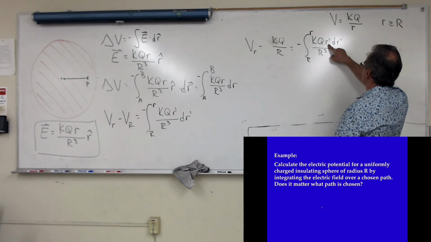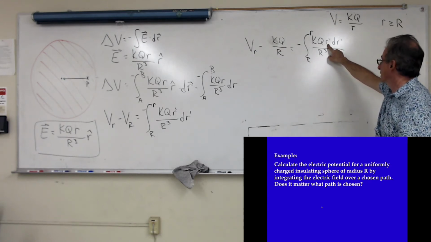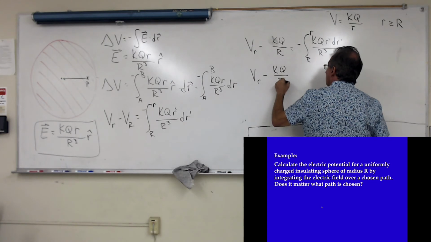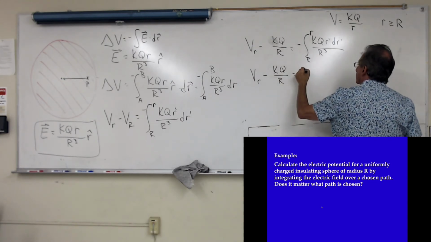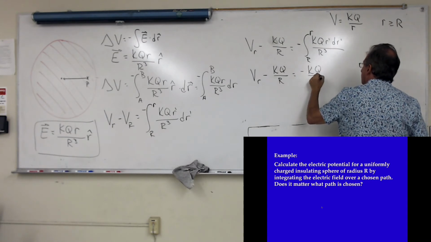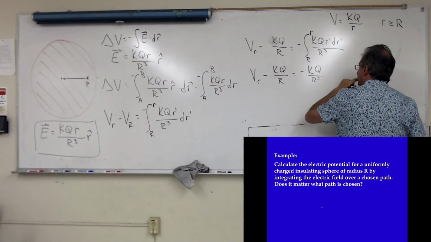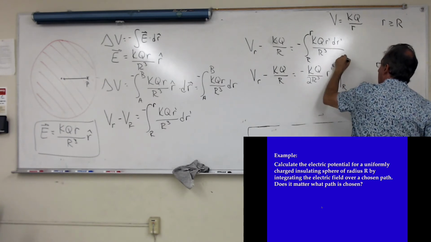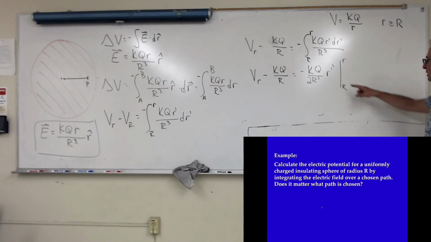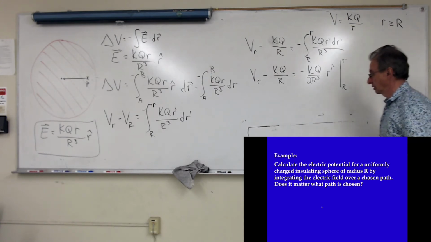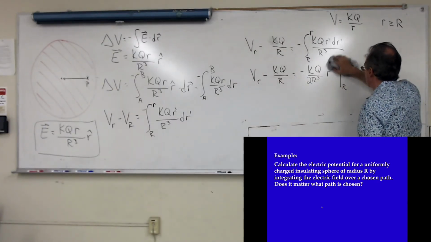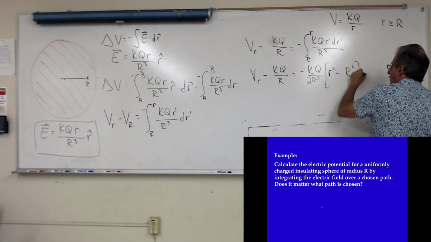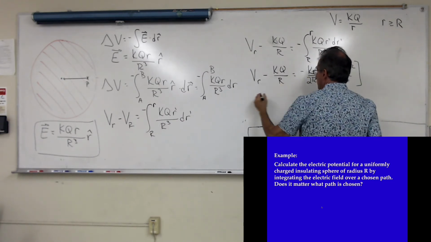Okay, so this is an easy integral because the integral of r is r squared over 2, right? And so let me put this, I'm running out of space, so I'm going to do a substitution here. And so then V sub R moves to the other side.